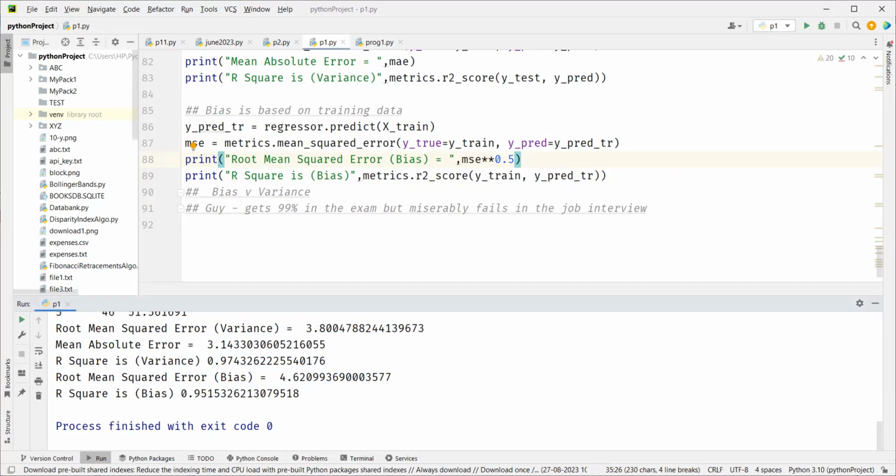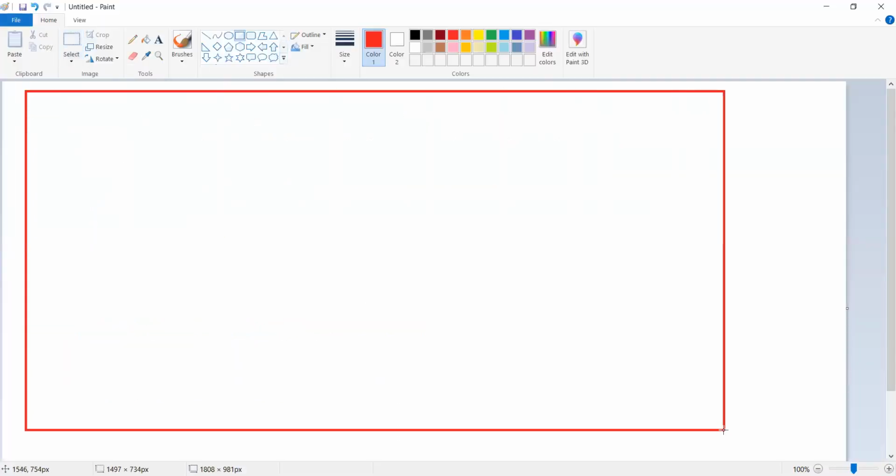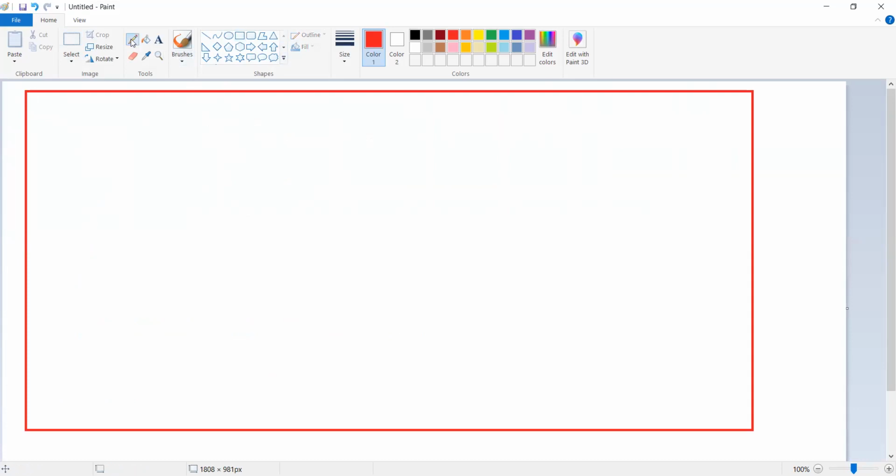Now let's see what happens. Again, I'm going back to Paint. Let's say you have a graph like this, X, Y. One more factor is the number of rows, the amount of data, and this is accuracy.